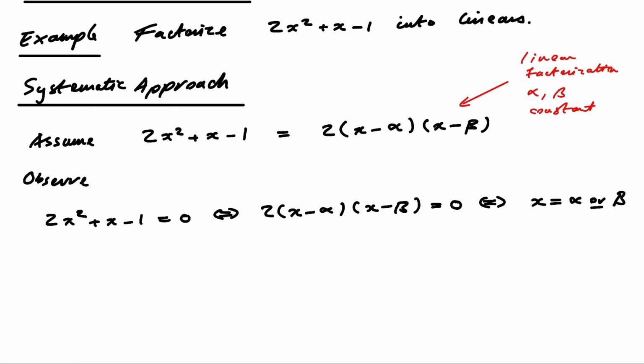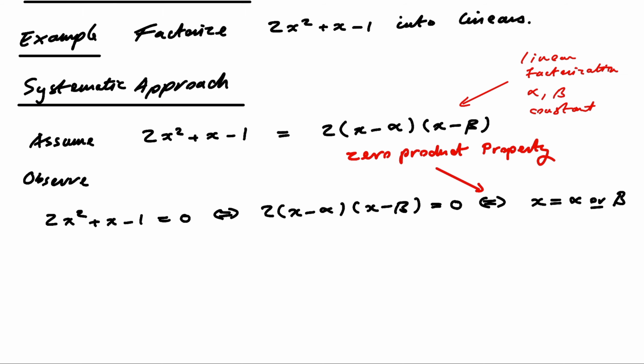So the zeros of this expression, the x which gives 0 as a number out, have to be alpha and beta if this is the factorization. And this really is the zero product property. Okay, so all these simple things coming back at crucial moments.